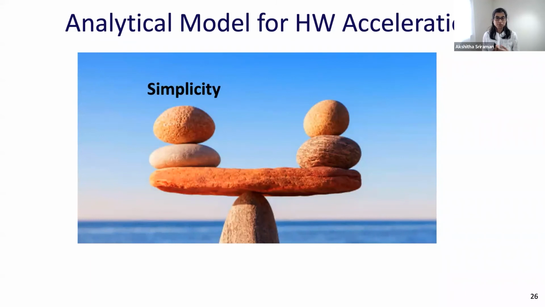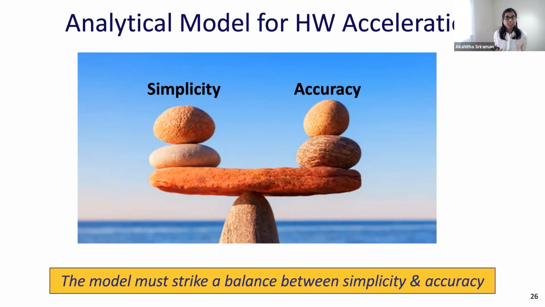Such a model must first of all be simple and easy to use, so that it can quickly discard bad accelerator design choices early on, and orient us in the right direction in terms of what's the most viable type of accelerator to think about. And second, it must still be fairly accurate, so that we can make well-informed hardware investments before we go on to design the hardware.